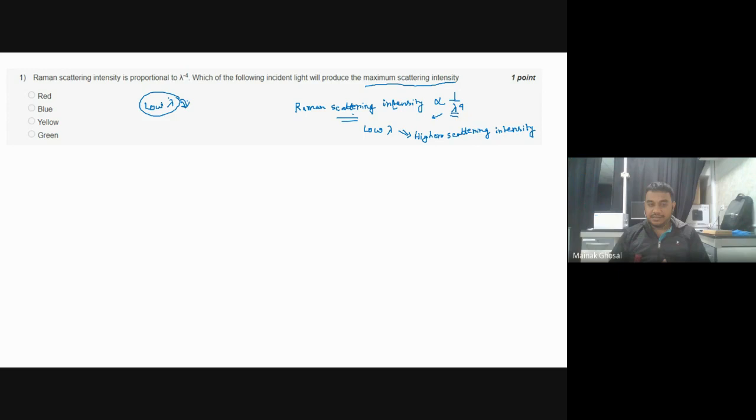Since blue has low lambda, there is some significance of this low lambda. Some physical phenomenon you have observed, whose actual reason is this. Do you know?